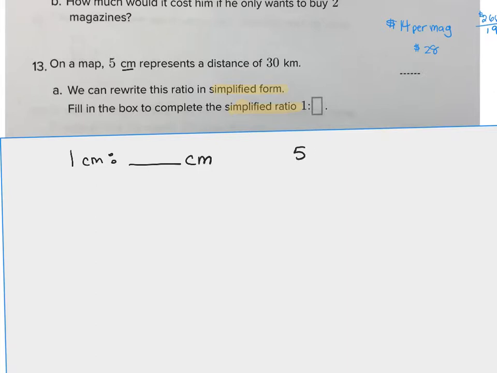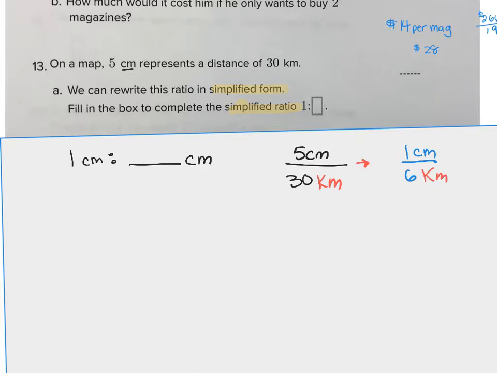We know 5 centimeters is related to 30 kilometers, correct? That we can definitely figure out is really 1 centimeter to 6 kilometers, correct? Does everybody see how I got that? If we have 5 centimeters to 30 kilometers, that's the same thing as 1 centimeter for 6 kilometers. We just simplified the ratio, right? Simplified ratio means they want it centimeters to centimeters.